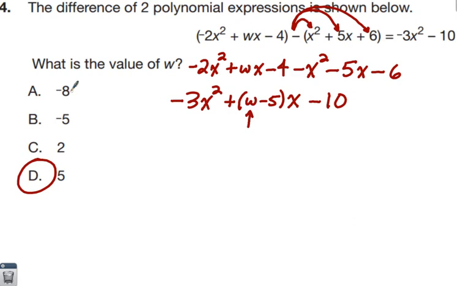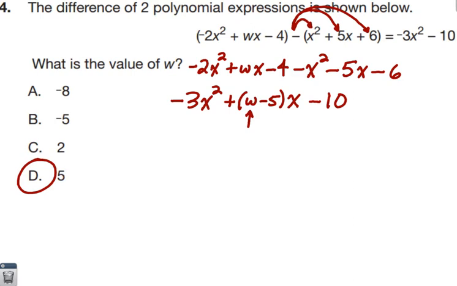And so then you have to move on to, well, what if I plugged in negative 5 for w? Would that make the left side equal to the right side? Apparently it would not. You know what I mean? And then you'd plug in 2 for w, again checking each answer to see which one's correct. That's a big advantage for multiple choice, okay? And then, of course, it'd be the last one before you strike gold in this case.